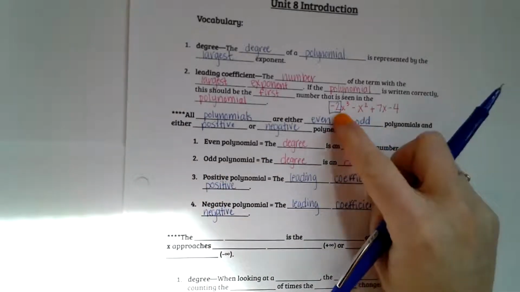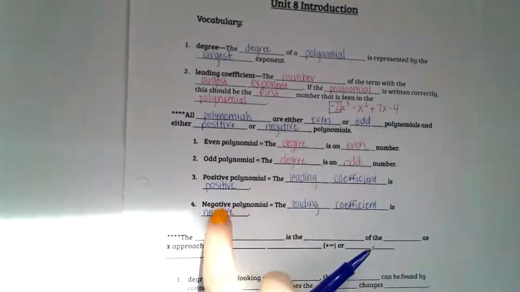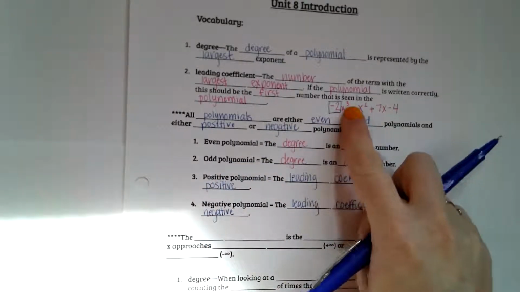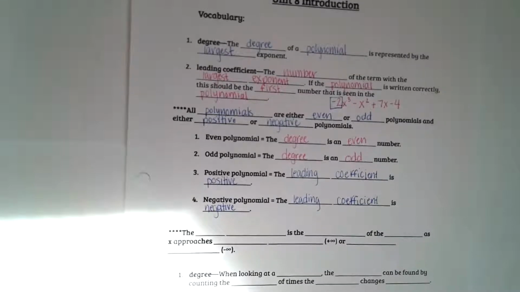So in this one here, this would be a negative polynomial, and it's odd because of the exponent value.